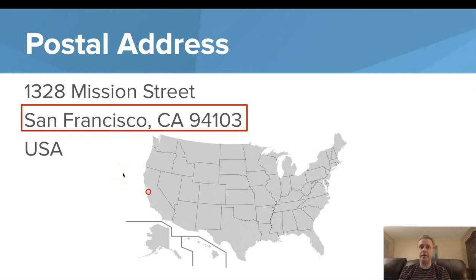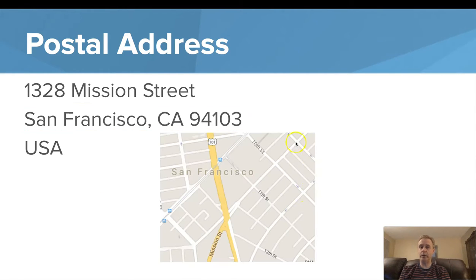Then this next line tells us that within the United States of America, San Francisco in this zip code is located right over here. When we zoom in on that part of the United States in this particular zip code, we are honing in on exactly where this address is in the world.